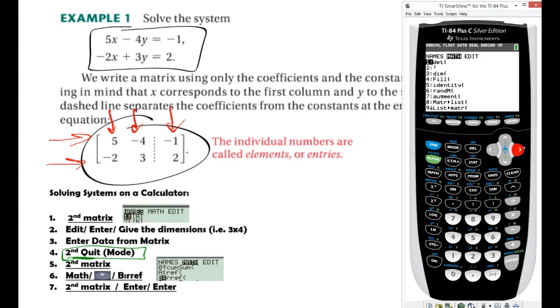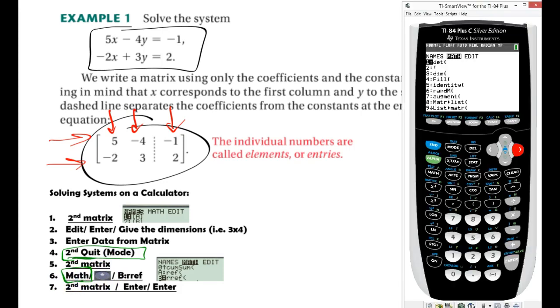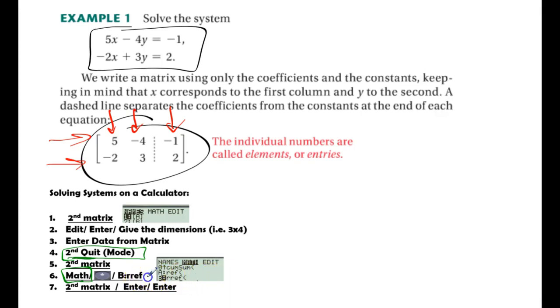To go to mathematics, which is step number 6, it says arrow up to reduce row echelon form, RREF, and that's letter B. I'm going to press enter, which actually there should probably be the word enter right after this.